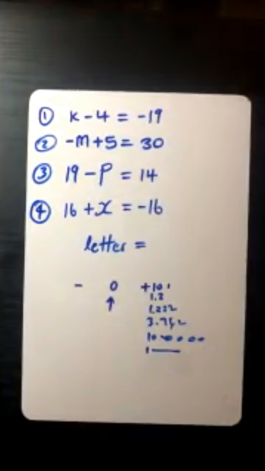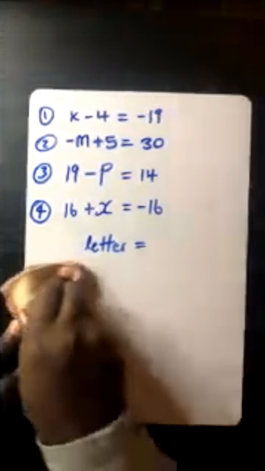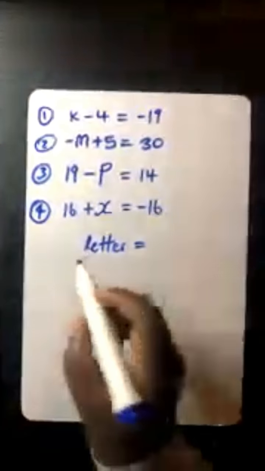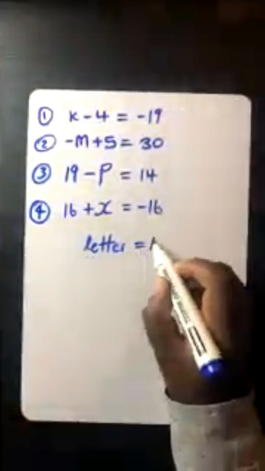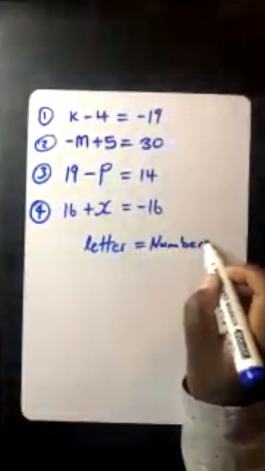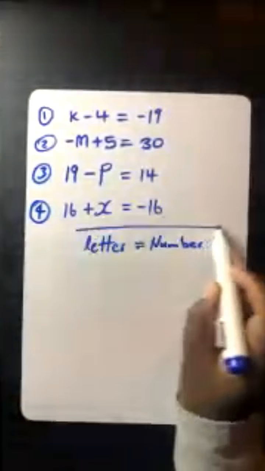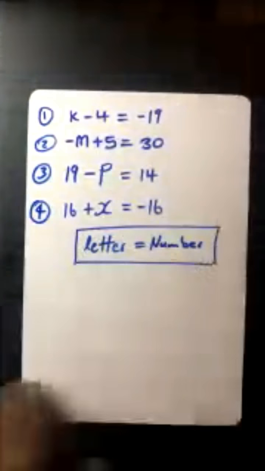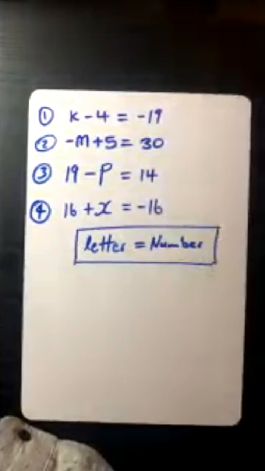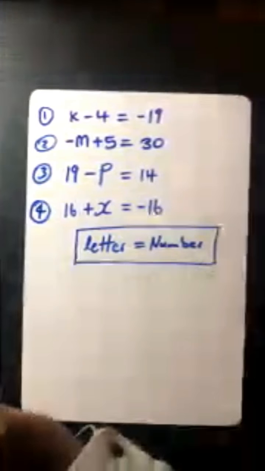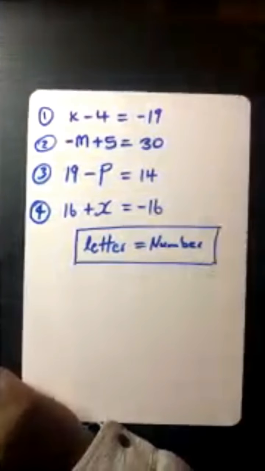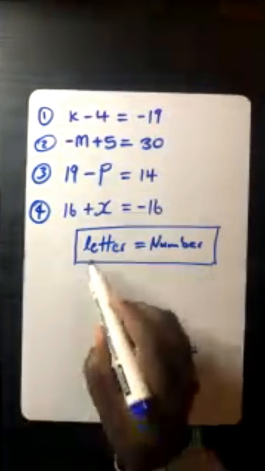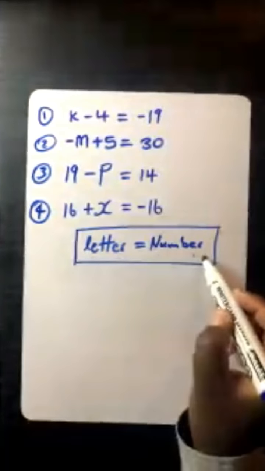So that is why, in short, I want to emphasize to you that at all times when you solve for the unknown, we want to have the letters on the left and the numbers on the right. So this is a general guide to say when you've got an unknown, you want to have the letter on the left and the number on the right.